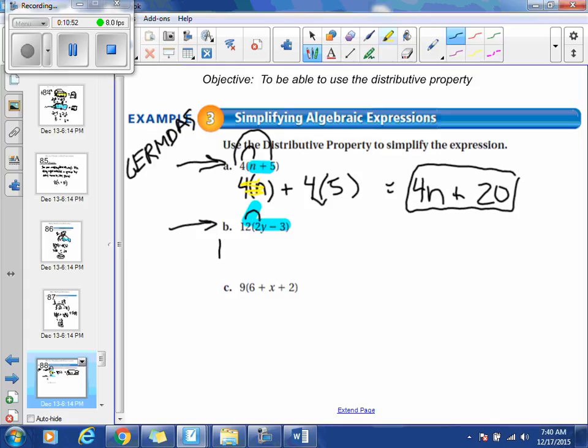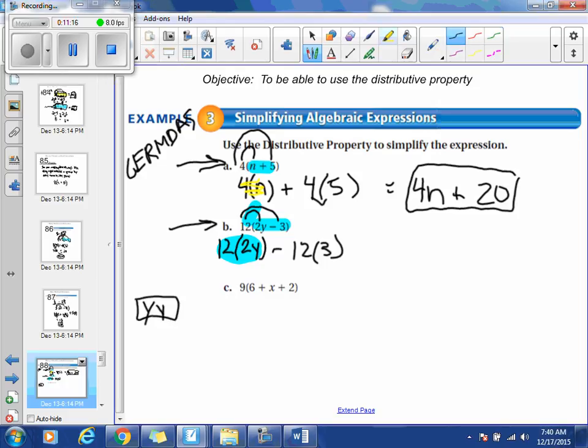So I'm going to take my 12 and distribute it to everything in the group. I'm going to take 12 times the first thing, minus, I have subtraction here, I'm going to take 12 times the second term as well, 12 times 3. So first, 12 times 2y.